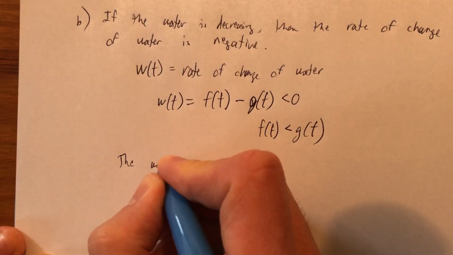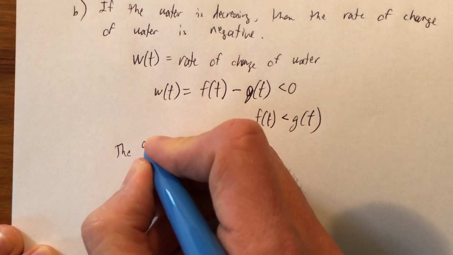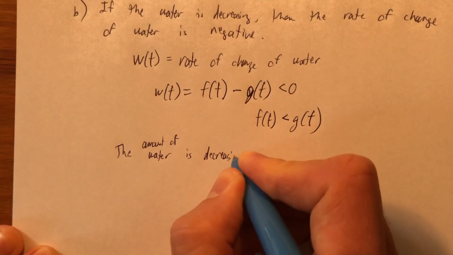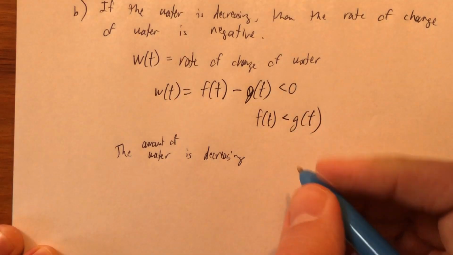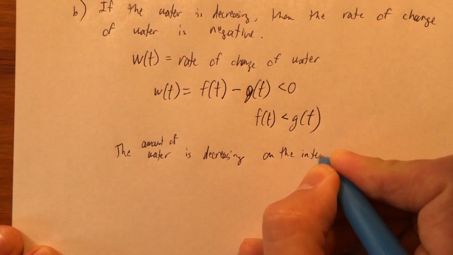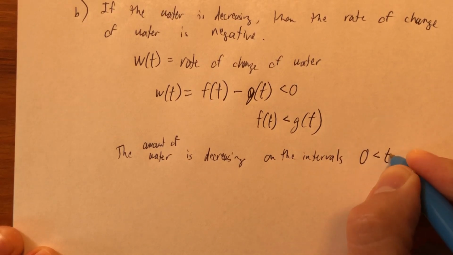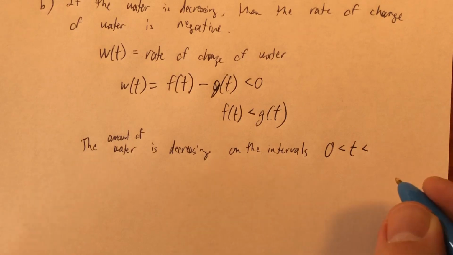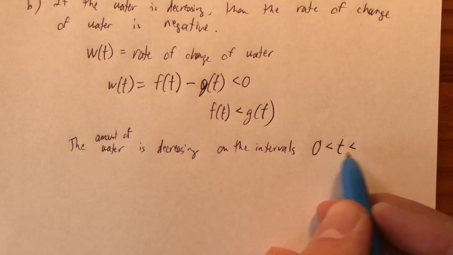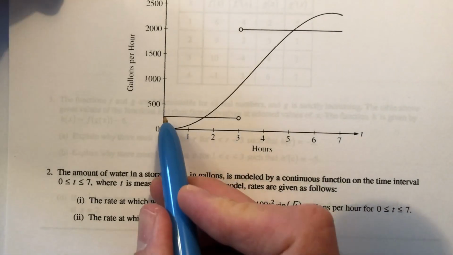The amount of water is decreasing on the intervals from 0 all the way to, well, where? Now we'll talk about whether it should be equal or not here, which actually they're not going to be too picky about that, I don't think. But from here to here, well, where is here?